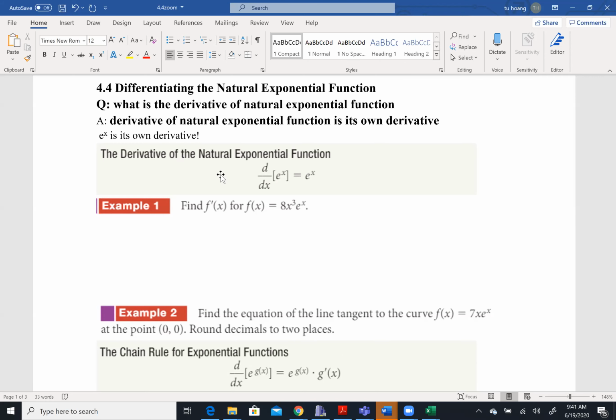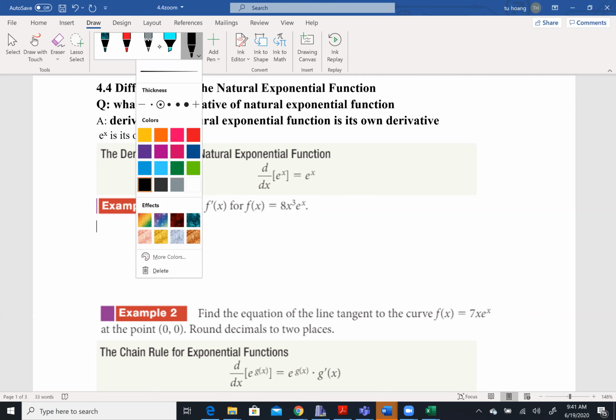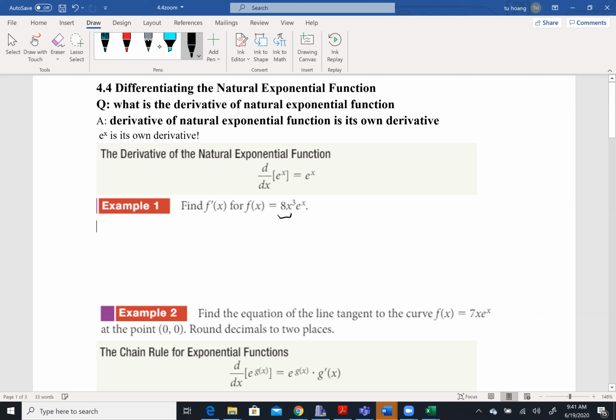In example 1, I note that globally I have a polynomial function multiplied with e^x, which is a natural exponential function. So when you look globally, it is a product between two functions.